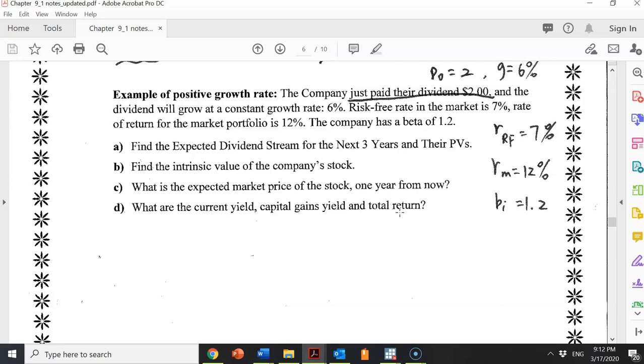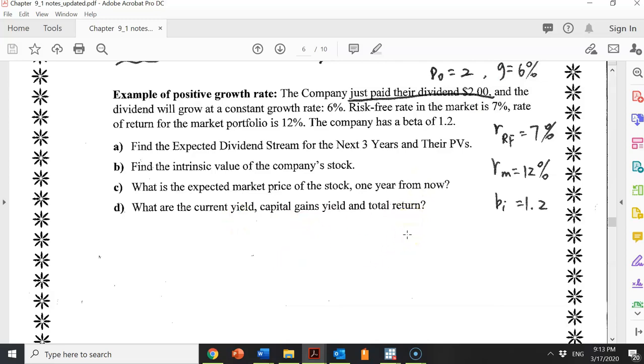Try to draw the timeline, draw D0, and try to calculate D1, D2, D3, and their present values, and add them up to get P0. Or you can solve for P0 by using D1 over RS minus G. We don't know RS here, so you probably need to use CAPM to calculate RS. And you could use P0 multiplied by 1 plus G to get P1. And you can use the current yield, capital gains yield, and total return formulas to get these three concepts.